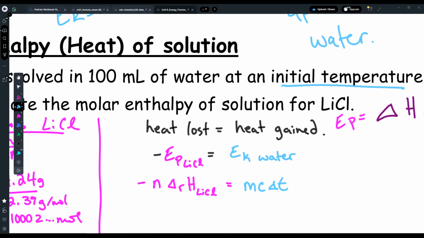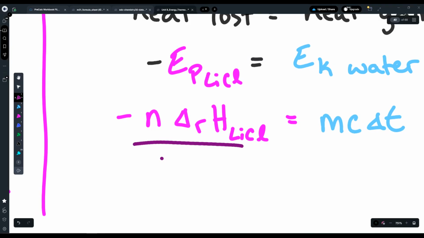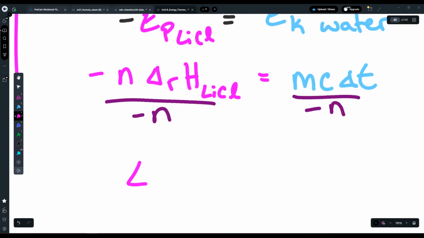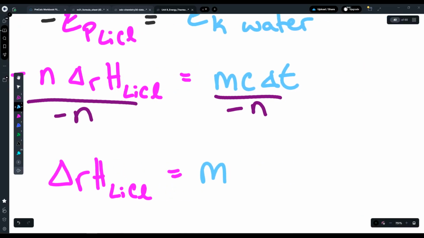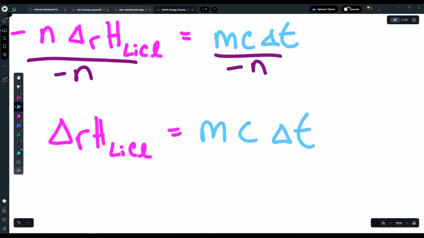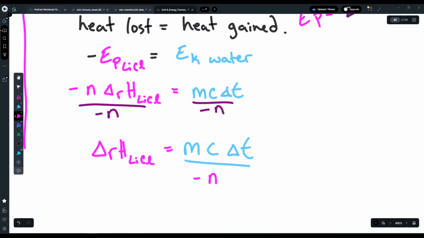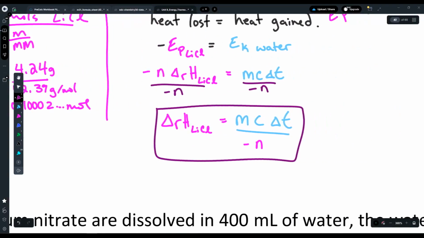Since we're looking for molar enthalpy, I'm going to isolate this term by dividing by negative moles. So our molar enthalpy for lithium chloride is equal to mass times specific heat times the change in temperature, divided by negative moles of lithium chloride. This is the formula that we're using here.